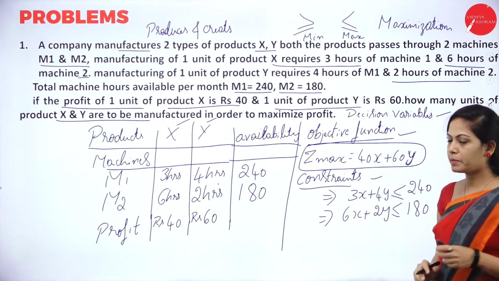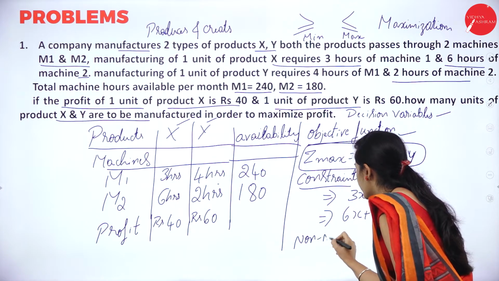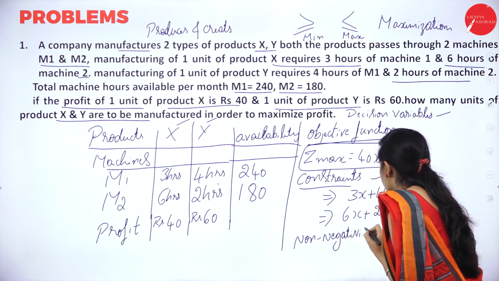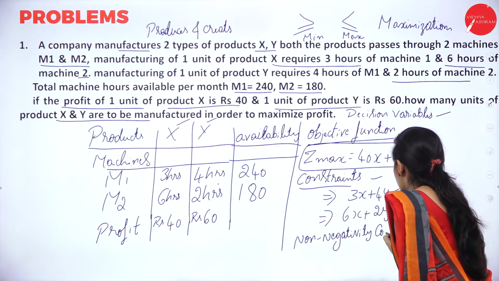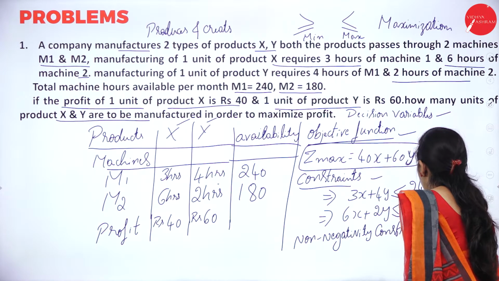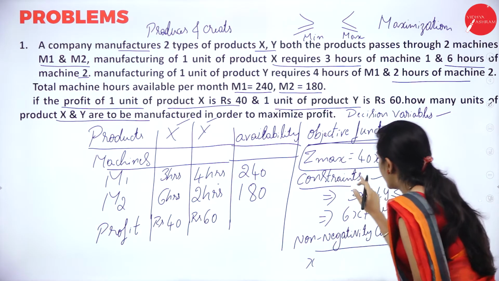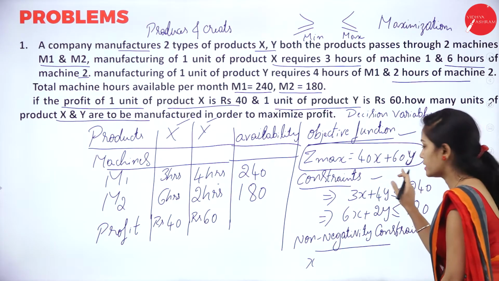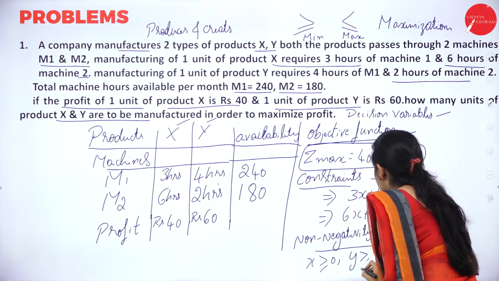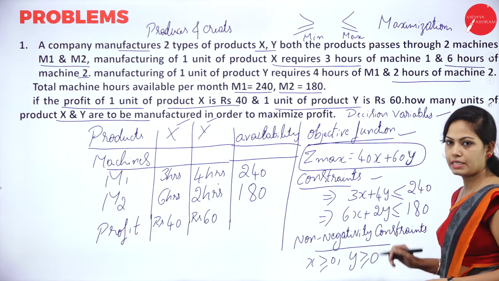The last step is non-negativity constraints. Here I have two decision variables called X and Y, so X is greater than or equal to 0 and Y is greater than or equal to 0.